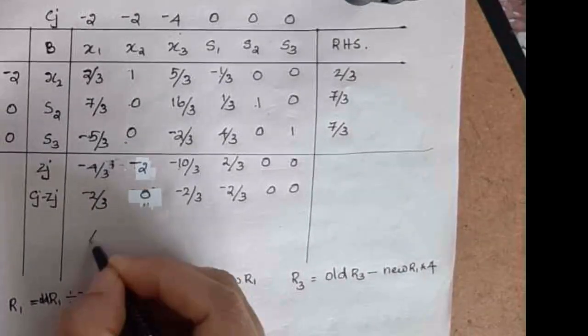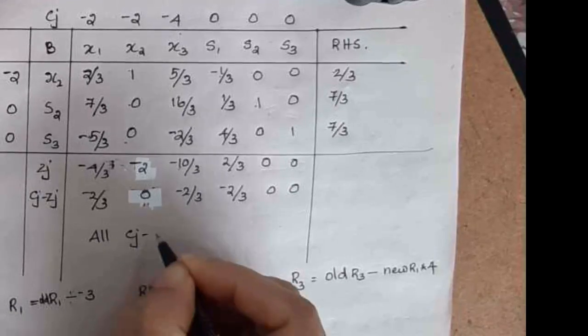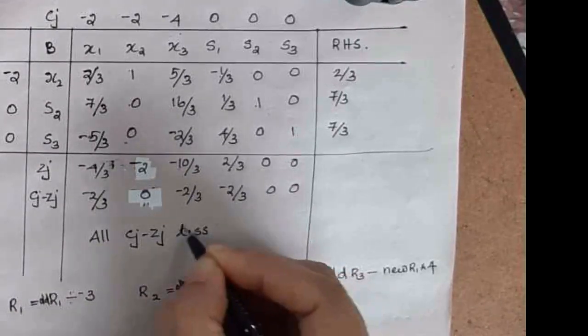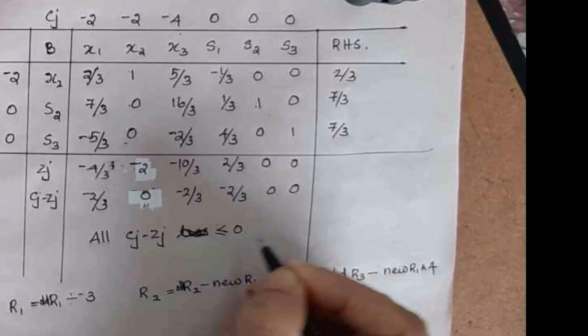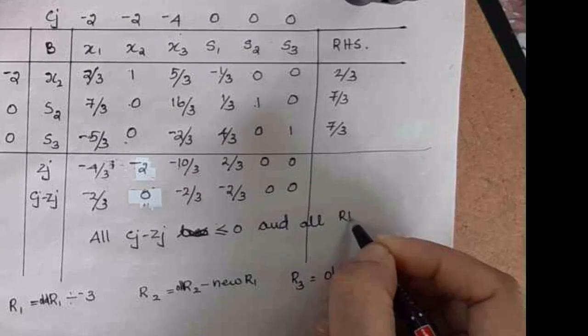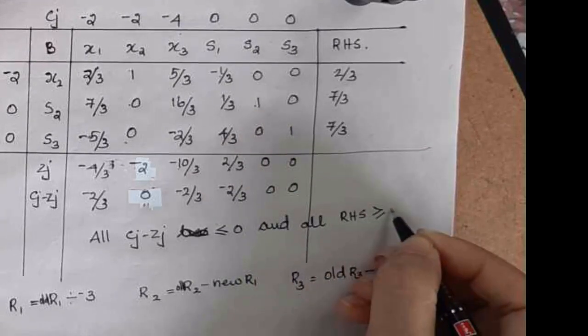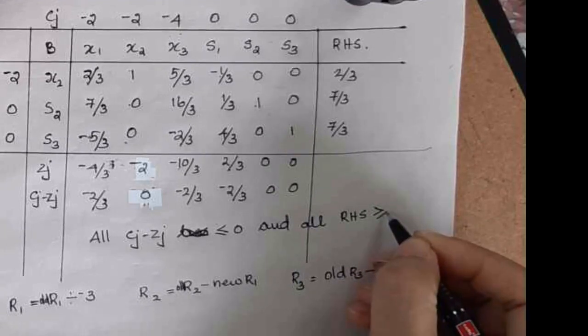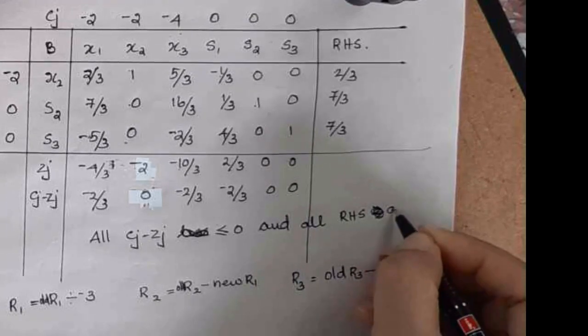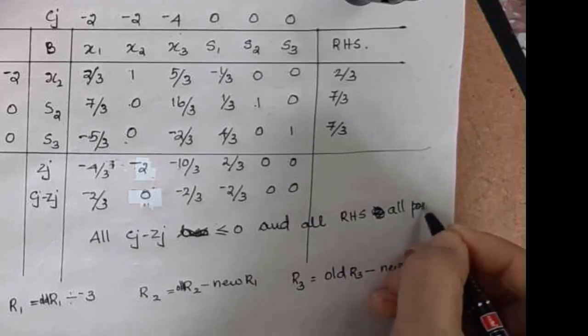So you can see that all Cj minus Zj is now less than or equal to 0. So I can write all Cj minus Zj less than or equal to 0, and all RHS greater than or equal to 0, all positive.